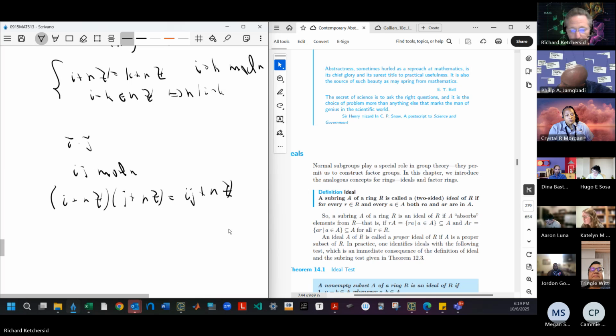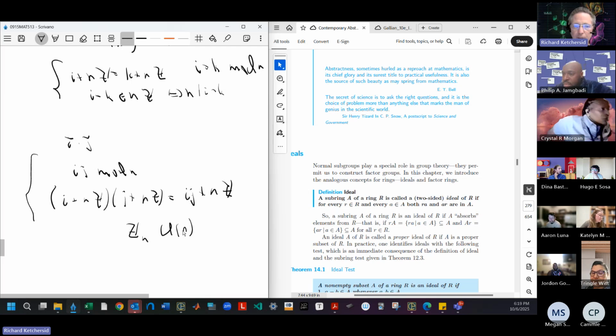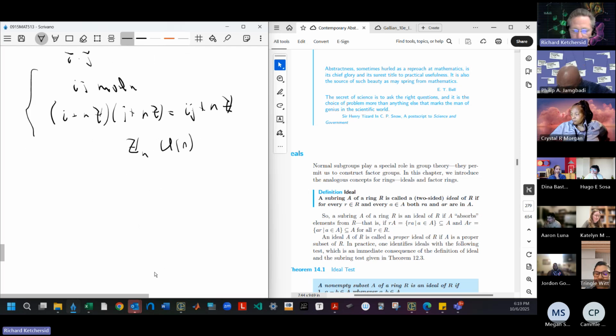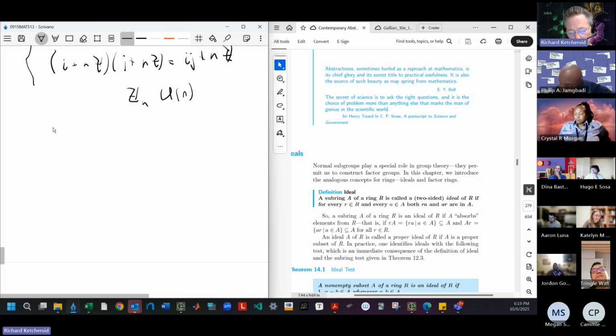And this is what we've been doing. So we've been using the product structure of Zn all along, because we've been talking about Zn and Un as the corresponding multiplicative group. So keep that intuition of that particular example in mind. It's important to keep good examples in mind when we're doing this stuff.